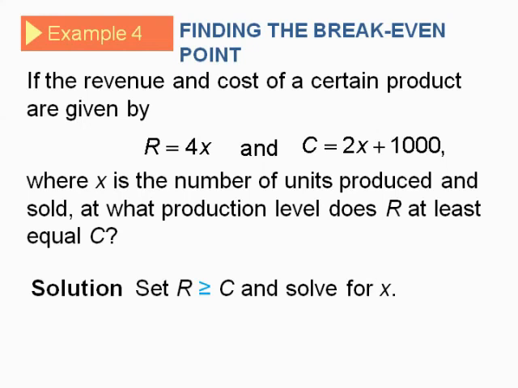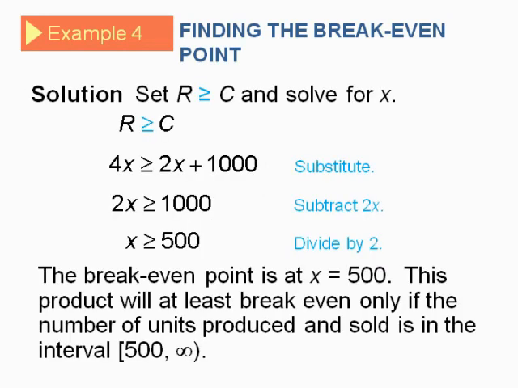So for the solution, we're always going to set the revenue greater than or equal to the cost so we can figure out that amount. So in this case, R is greater than or equal to C, and we're putting the revenue 4x must be greater than or equal to 2x plus 1,000. And I think that'll make sense to y'all if you're in business.